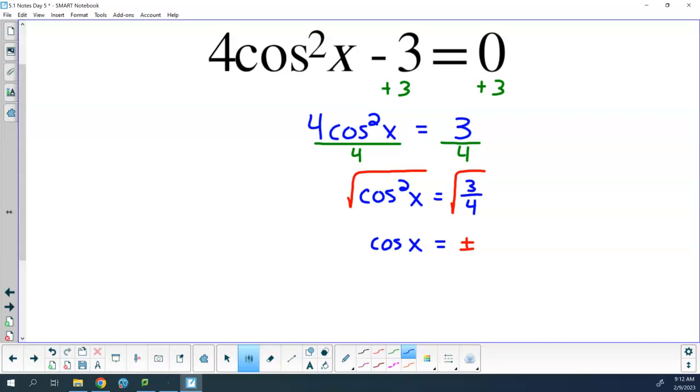Square root of 3/4. For 3 over 2? Yep. Because this would be square root of 3 over the square root of 4. So that would be plus or minus the square root of 3 over 2.